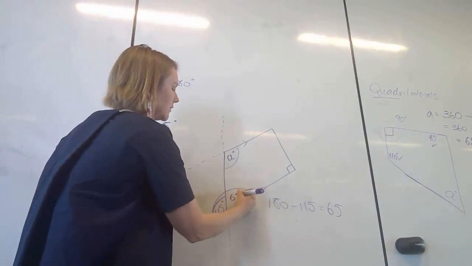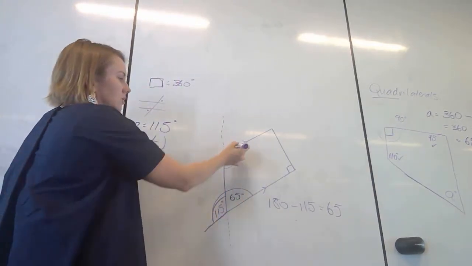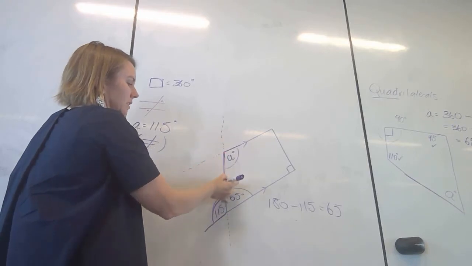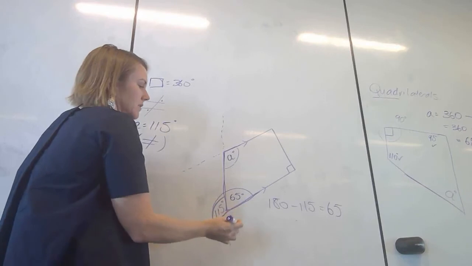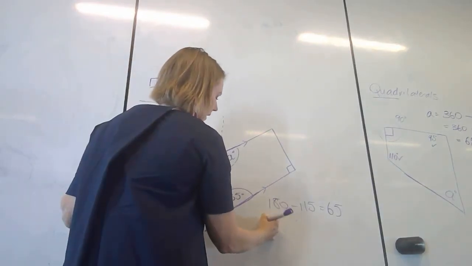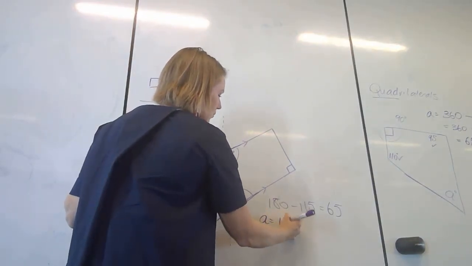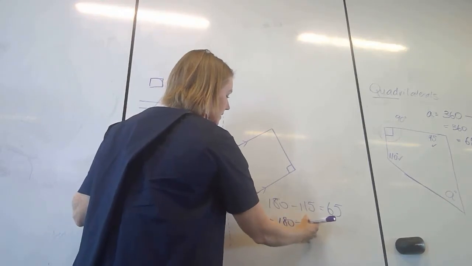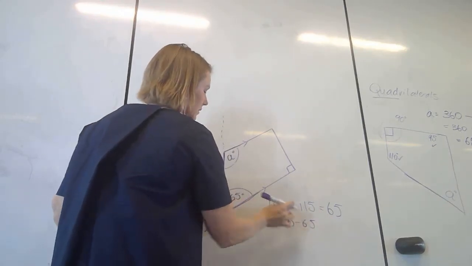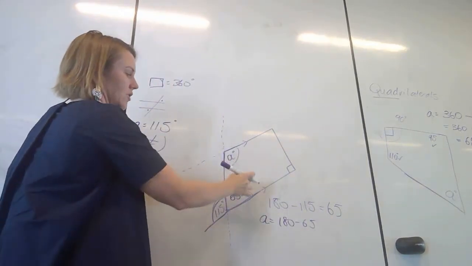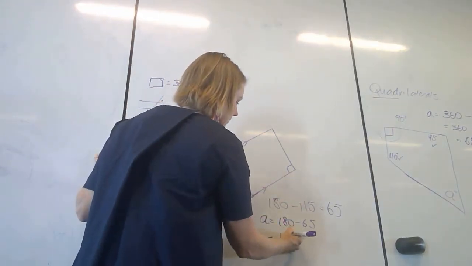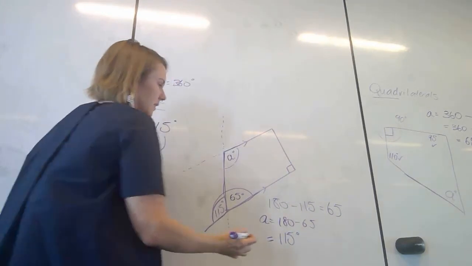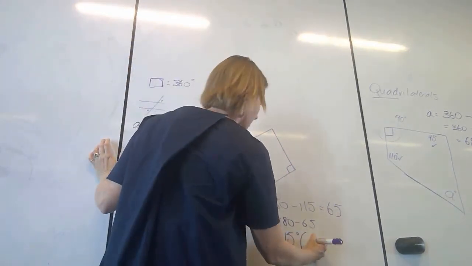So 65 degrees. Then, using co-interior as my reason between my parallel lines, I would say that A equals 180 minus 65. Because it's 180 total minus this 65 gives me 115 degrees. And in brackets, I would write co-interior.